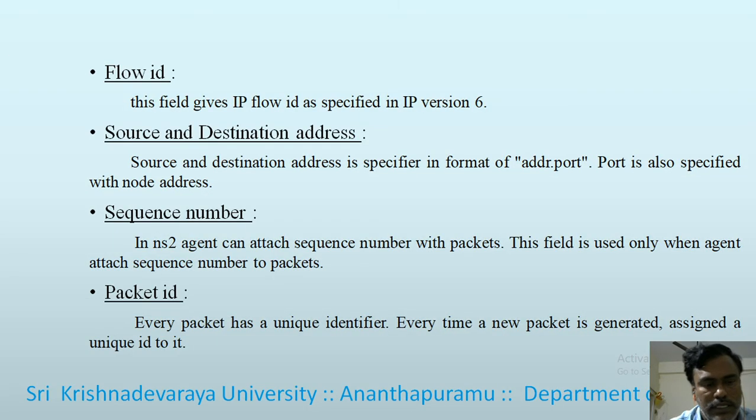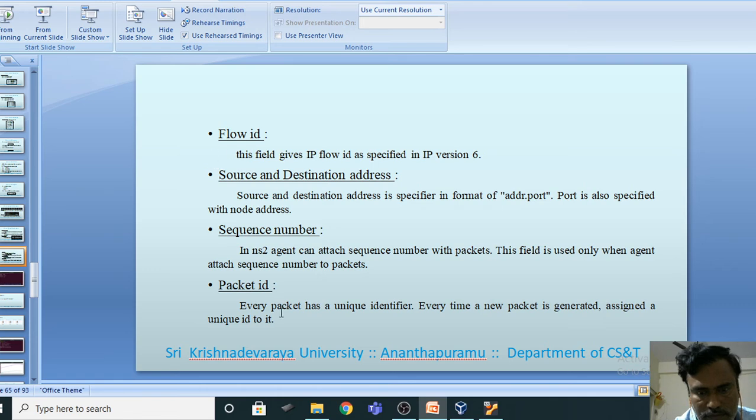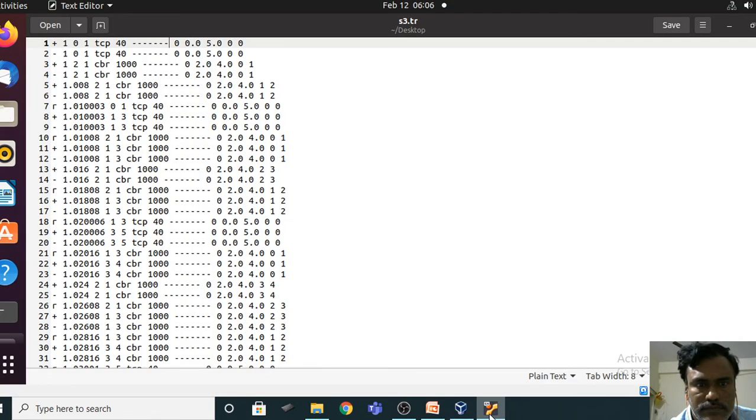Coming back to this, this is the event, this is the time, this is the from node, this is the to node, this is the packet type, this is the packet size, these are flags, this is the flow ID, and the source and destination port addresses.